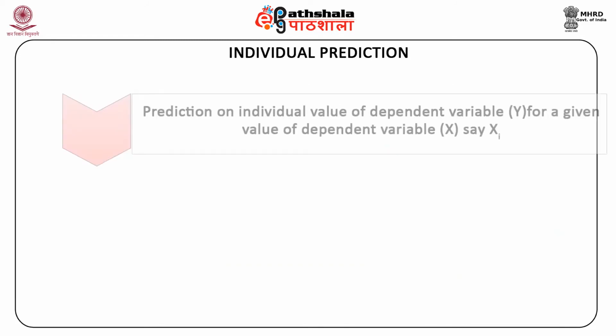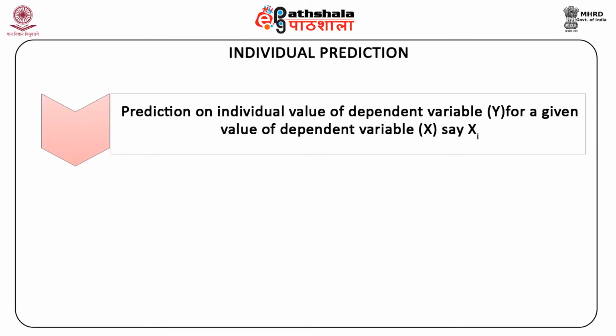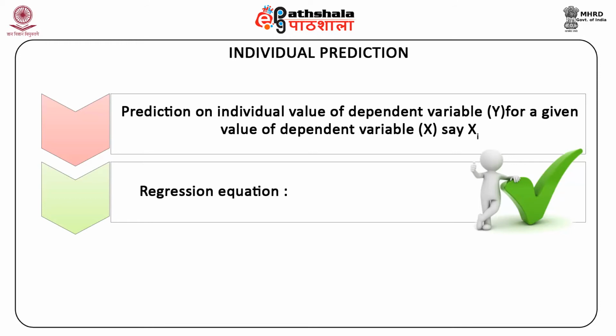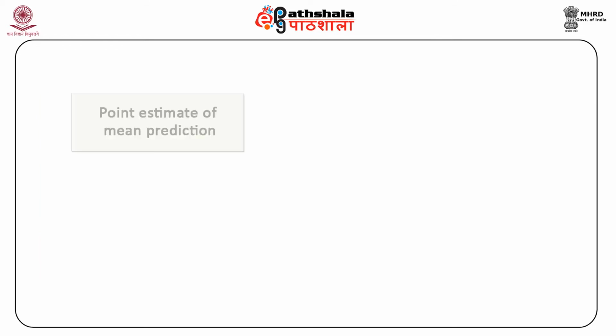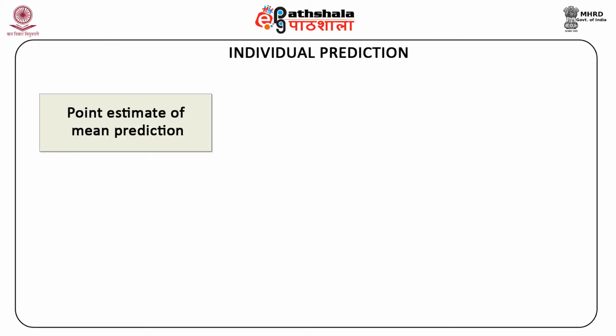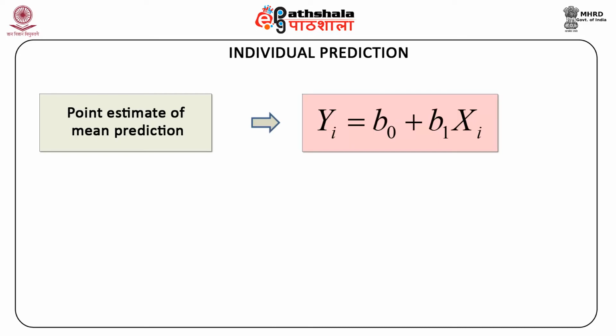Next, we should look at the case of individual prediction. It refers to prediction of an individual value of dependent variable y for a given value of independent variable x, say xi. Considering a regression equation, yi is equal to beta 0 plus beta 1 xi plus ei. Suppose we want to predict a future outcome when x is equal to xi. The point estimate of the prediction will be yi hat is equal to b0 plus b1 xi.